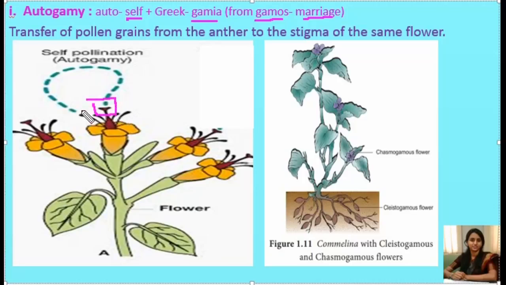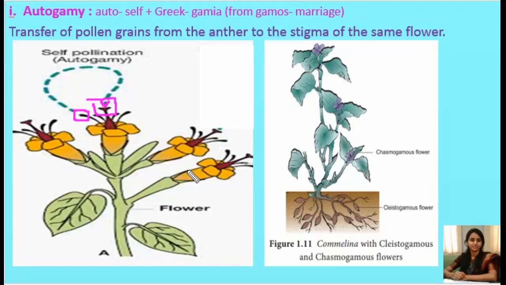Okay, and this is the stamen here, and in the stamen it is anther. Here the transfer of pollen grains takes place from this anther to the stigma of the same flower. Hence it is both functionally and genetically self-pollination. This is known as what? Autogamy. This definition is very important and you need to remember it.